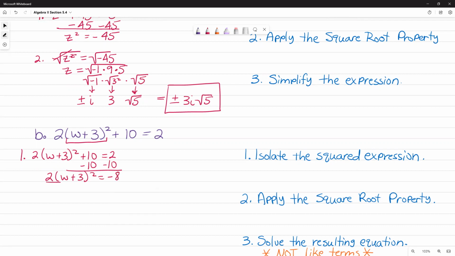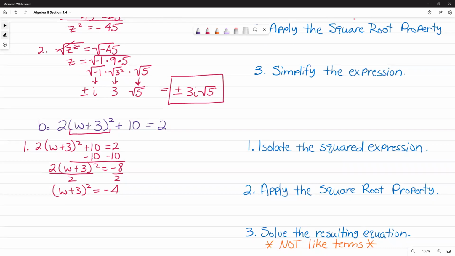And now I divide both sides by 2, and I get (w plus 3), the whole thing is squared, so the whole thing stays together, equals -4. All right, step 2 means that I apply the square root property.